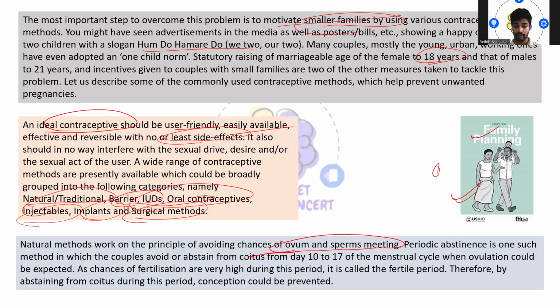This is a very important point. During that time, if you avoid sexual intercourse, the chances of getting pregnant are less or zero.